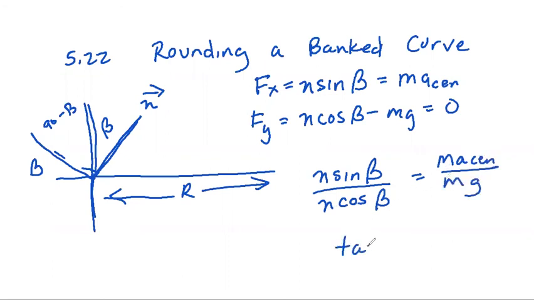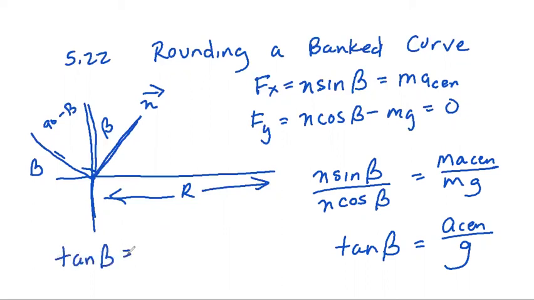So now tangent beta is going to equal a centripetal over g. Am I done? Oh, I just have to expand the a centripetal. So let's see, what am I solving for here? Beta. Okay, so tangent beta equals v squared over r g, or g r as they have it.